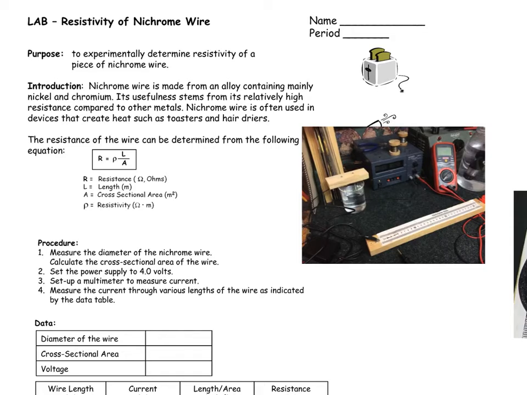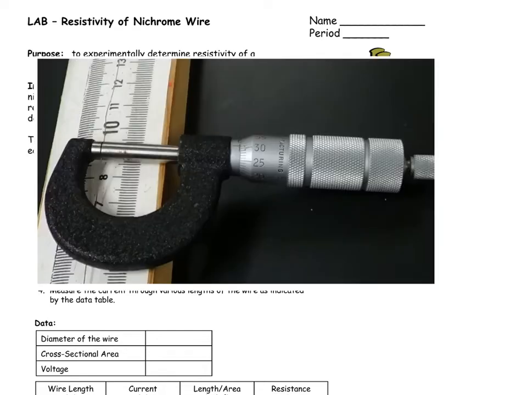First thing we need to do is measure the diameter of the wire. We can do that with a device called a caliper, which can measure very thin things.